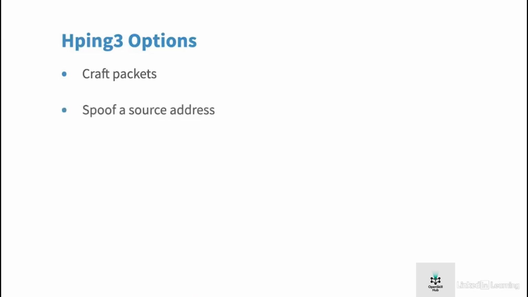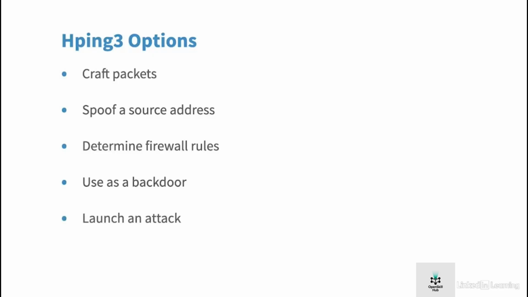It can be used to spoof a source address and determine firewall rules with the goal of evading the firewall. HPing3 can also be used as a backdoor to create a shell that redirects the output and input to a service so it can be accessed remotely. And it can also be used to launch an attack.